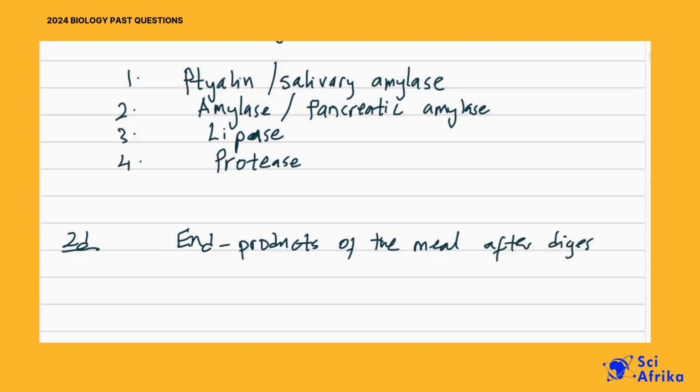Since the food contains carbohydrates and some other food substrates, we would expect more than one end product. The first one we have as our end product is the glucose from the cassava.